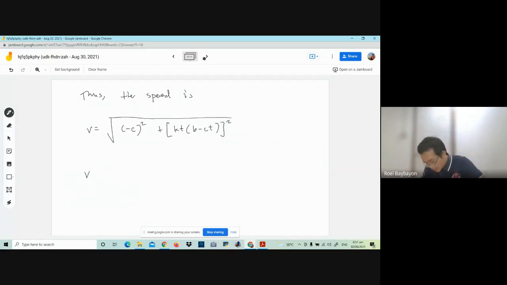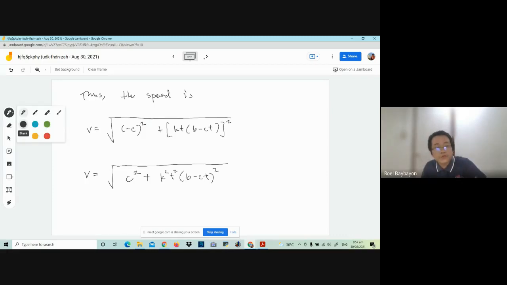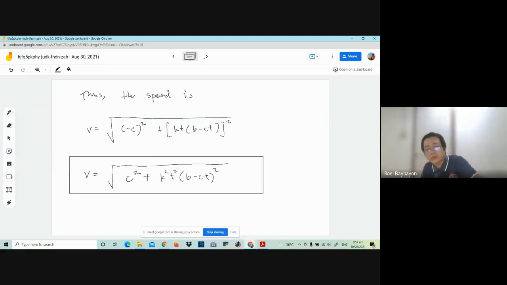So my speed is equal to the square root of c squared plus k squared t squared times b minus ct quantity squared. So therefore, the speed as a function of time is equal to this one.